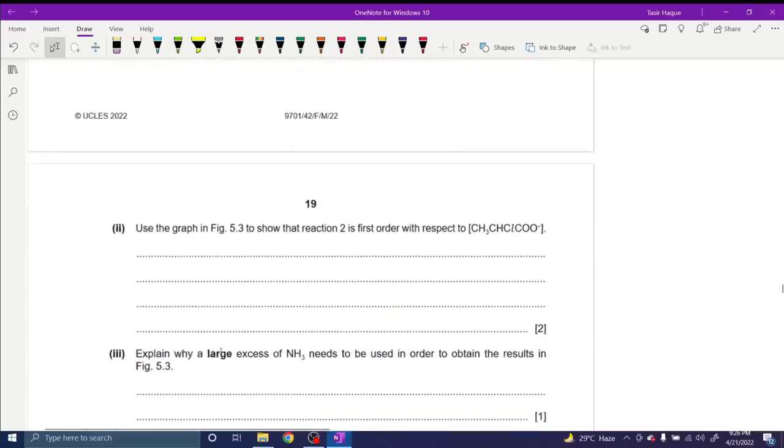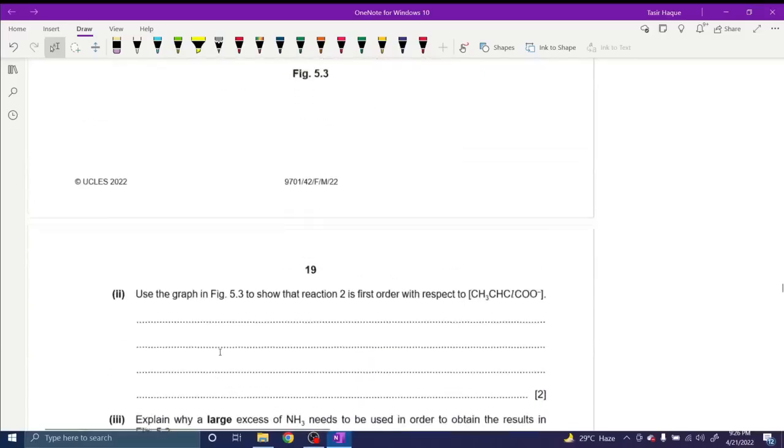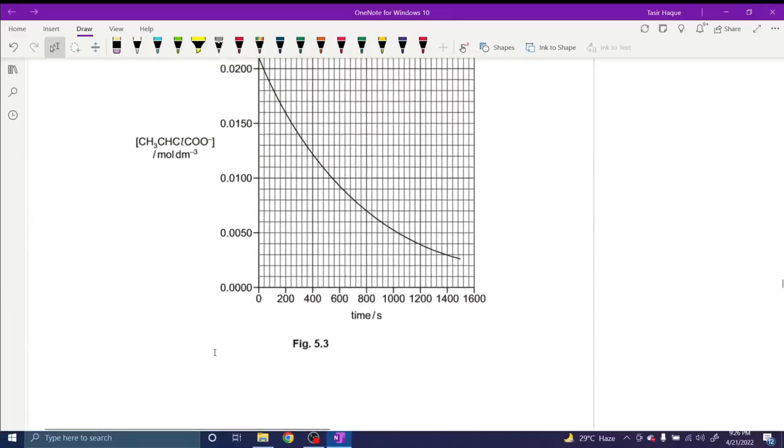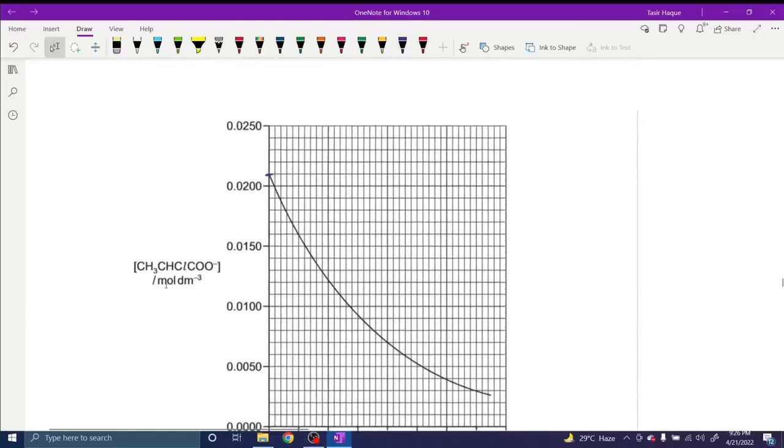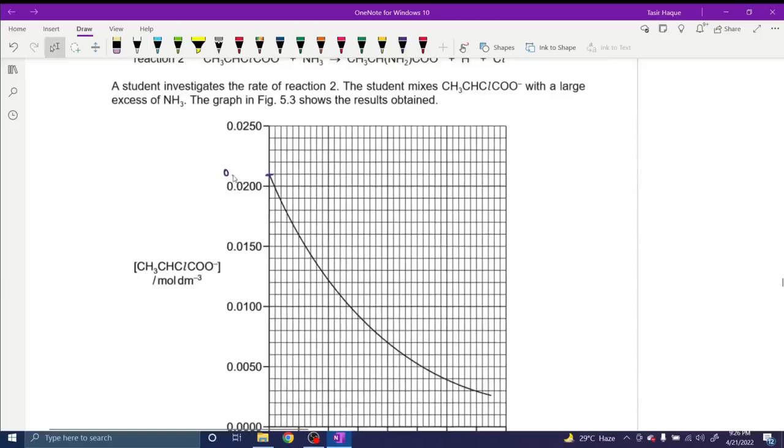Use the graph to show that reaction 2 is first order with respect to CH3CHClCOO-. Okay, how can we do this? Mainly using half-life. Initially you have a concentration of 0.021.